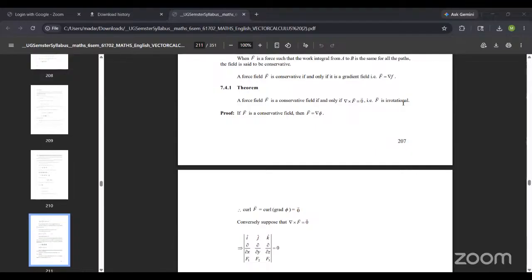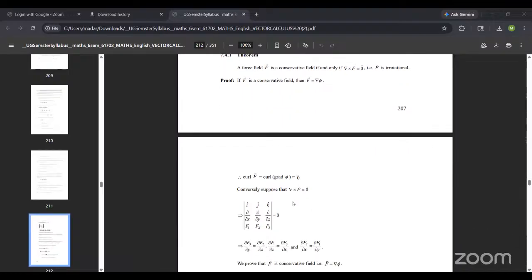Okay, let's see how it is happening there. If F is a conservative field, then F bar equal to grad phi. So curl of grad phi becomes 0. Conversely, we take curl F equal to 0.